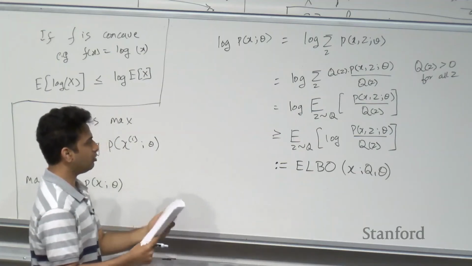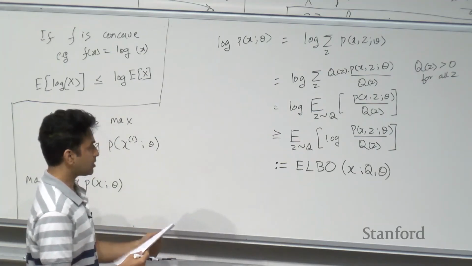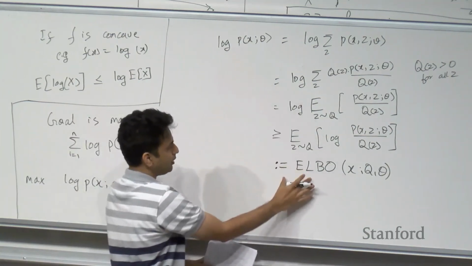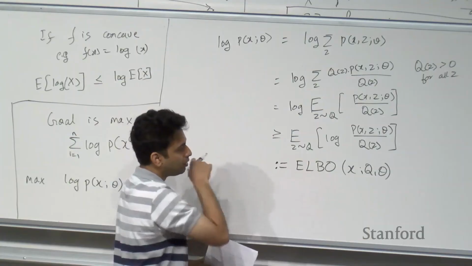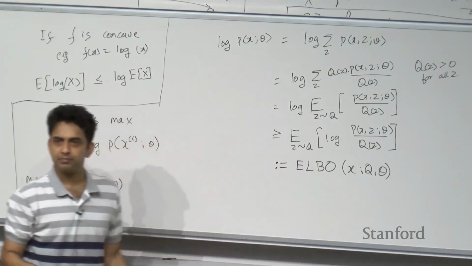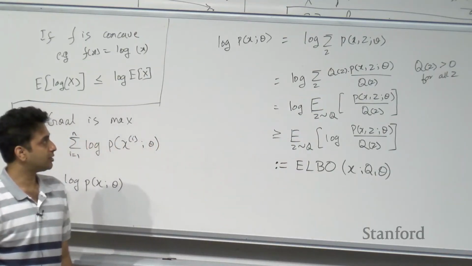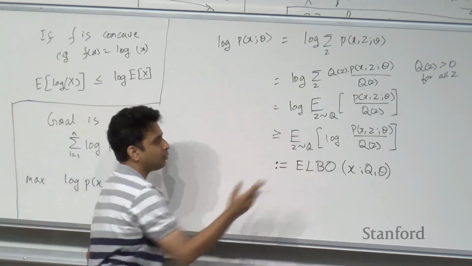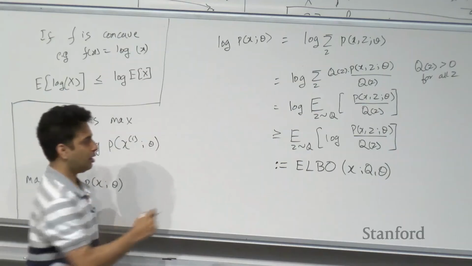well, before we go into our goal, let's make a few more observations. Now, log p of x is greater than or equal to the ELBO at all times. That's what Jensen's inequality says. But are there cases when log p of x is exactly equal to the ELBO?